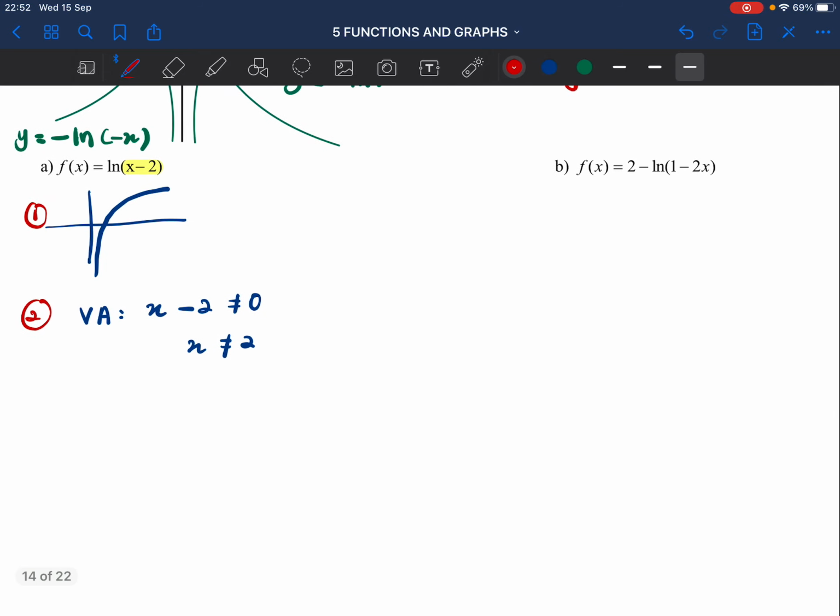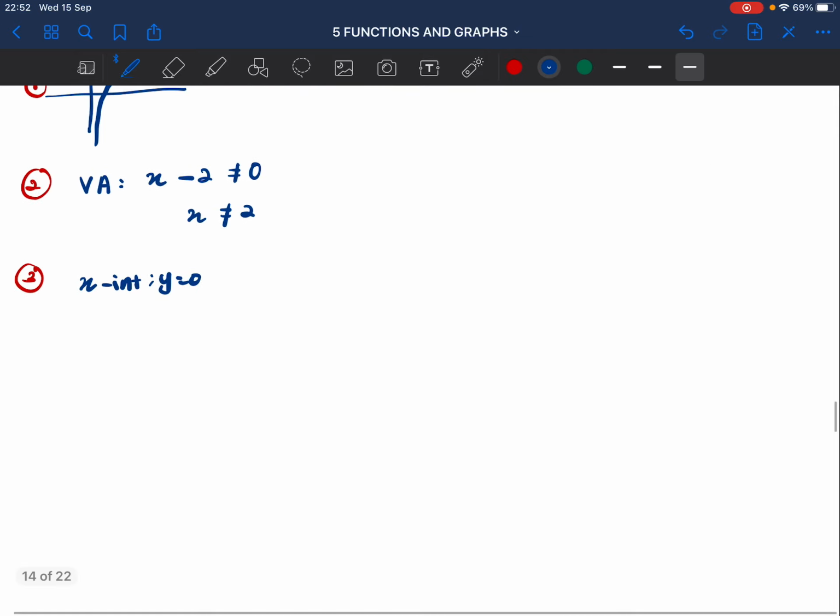So next we are going to find our x-intercept and y-intercept. So here is all the log equation that you have already learned in chapter 1 and chapter 2. So here we will have ln(x minus 2) equals to 0. Macam mana ni nak buat log equation? Untuk cari x, kita exponentkan both side. So exponent 0 will be 1.